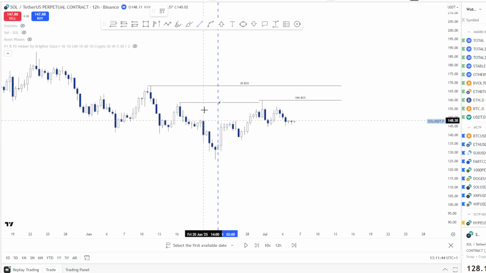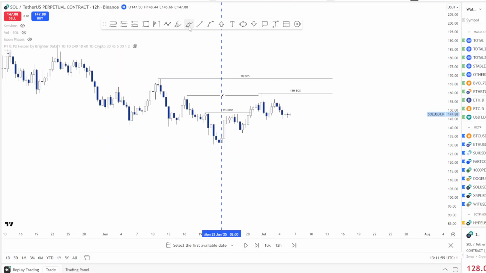Yeah, and now we can see here our 12-hour broke back to bullish. And on the 12-hour, we can now expect something like this.